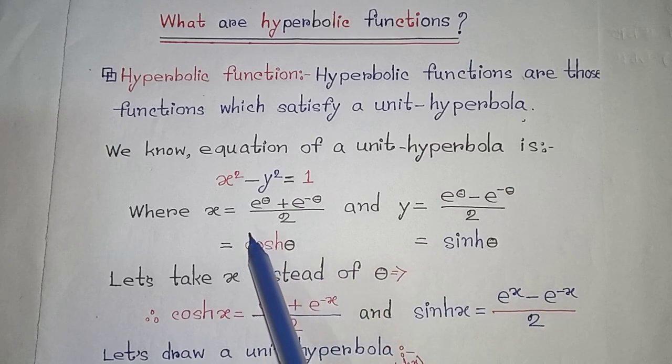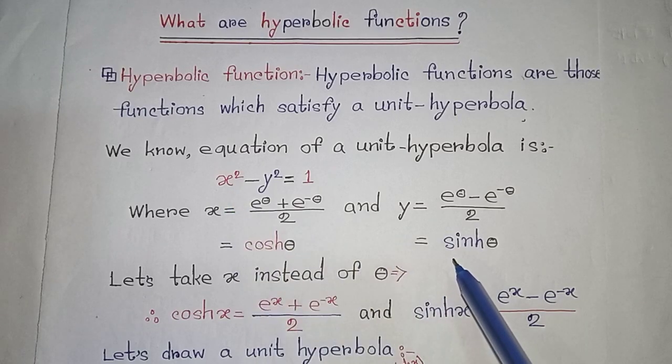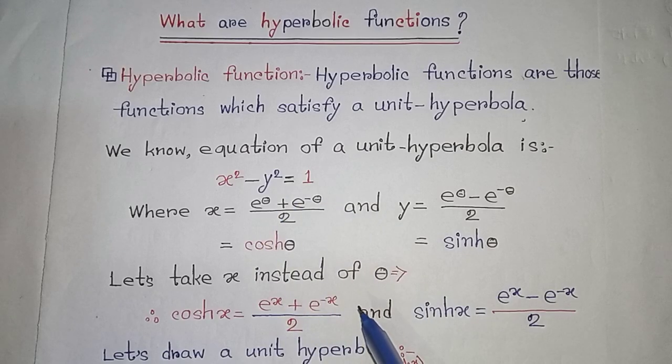So we can write cos hyperbolic theta instead of x in this equation, and we can also write sin hyperbolic theta in this equation. Let's take x instead of theta. If we take x instead of theta in this equation, then we get cos hyperbolic x is equal to e to the power x plus e to the power minus x by 2.